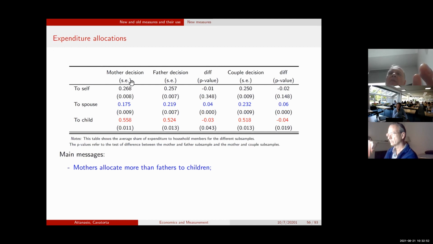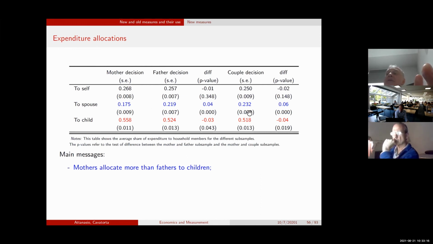However, how much they allocate to themselves is not very different. It's not significant. What differs is how much they allocate to the spouse. So the wives allocate more to the children and less to the spouse. The father does the opposite.